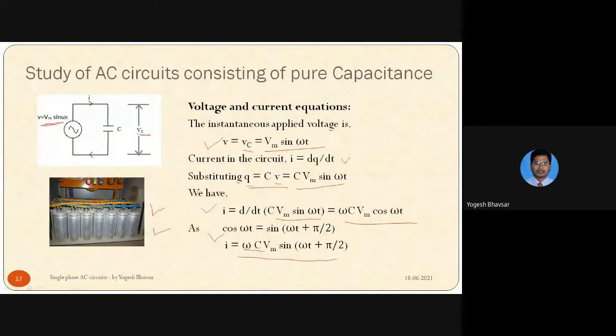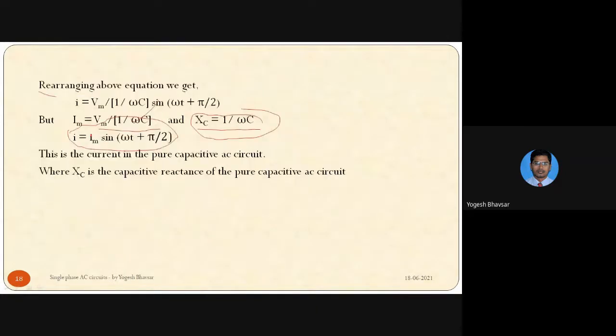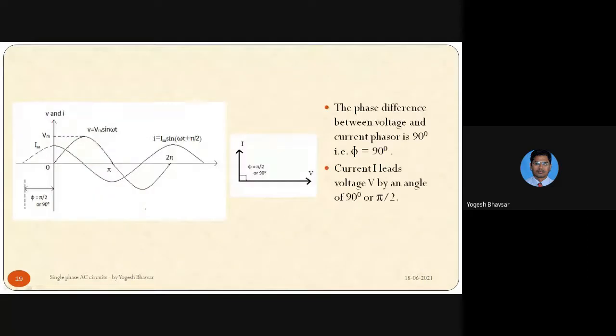So this is the derivation for the current, with the angle omega t plus pi by 2. Now here the current will be leading. In the inductive circuit, we saw the current is lagging the voltage by 90 degrees, but in the capacitive circuit it is opposite: current is leading the voltage by 90 degrees, right? So here we can draw the waveform, the usual voltage waveform starting from the origin, v is equal to Vm sine omega t.